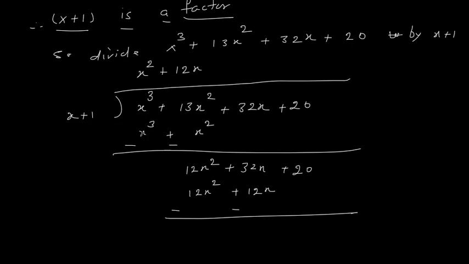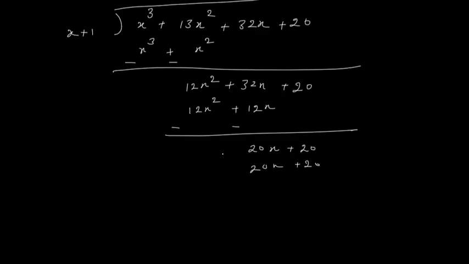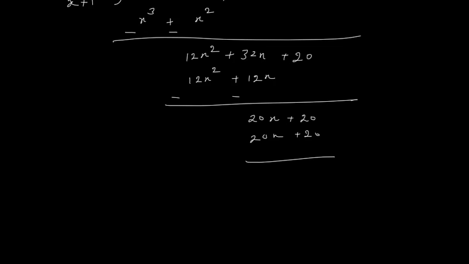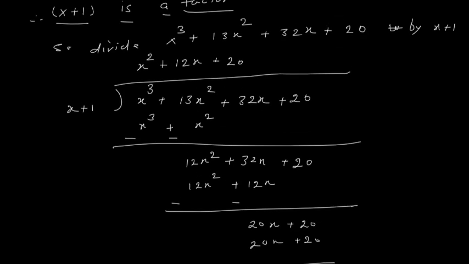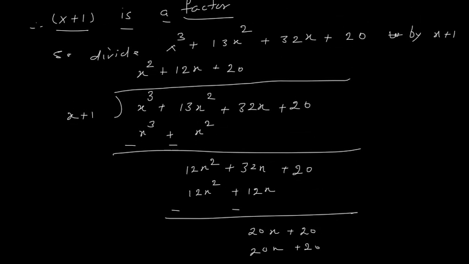So this will cancel. 32 minus 12 is 20x, and here I will write plus 20. So here I get 20x plus 20. Now they cancel. So my quotient is x square plus 12x plus 20.